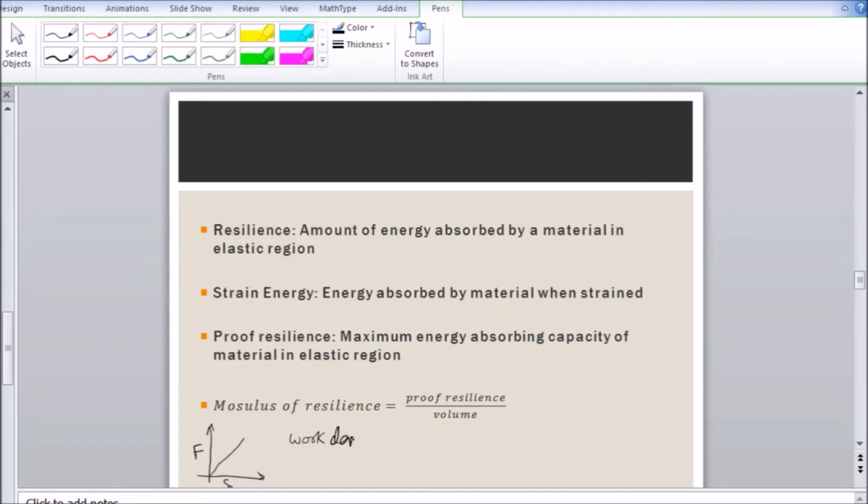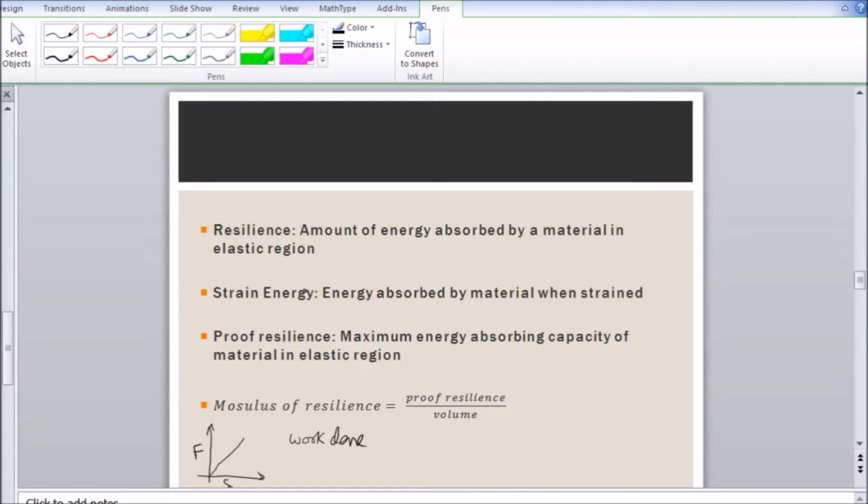That work done on the element will be stored as strain energy in the material. When the material is strained by the external applied load, the energy absorbed by the material due to the work done on it is termed strain energy.